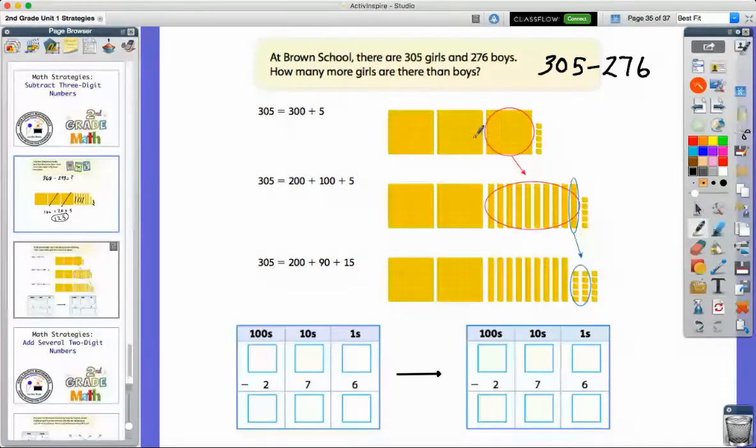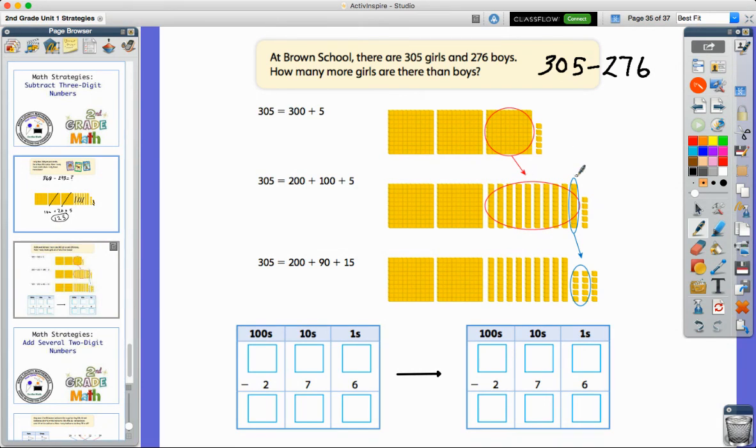So we're going to trade in that 100 block, and they show you here that hundreds block, if I bust it apart, becomes 10 groups of 10. Let's count. 1, 2, 3, 4, 5, 6, 7, 8, 9, 10. Remember, 100 is also equal to 10 tens. And so we've traded that hundreds block in for 10 groups of 10.